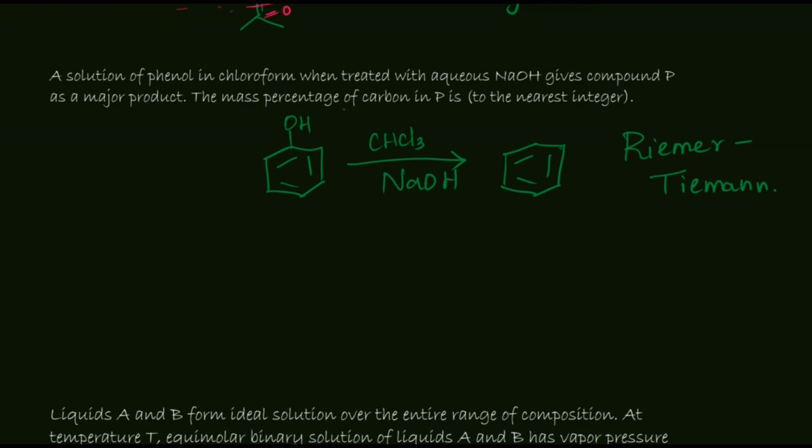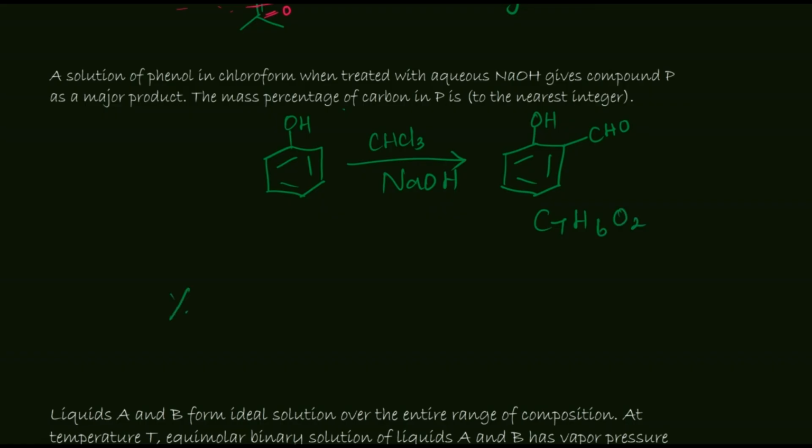So what is the major product? That is the important part over here. Usually we tend to write the major product at the para position. But here the ortho position is the major product because of hydrogen bonding. Isn't it? So what is the formula then? The formula becomes C7H6O2.